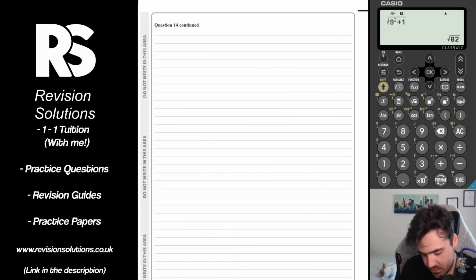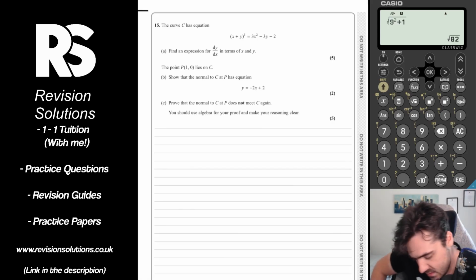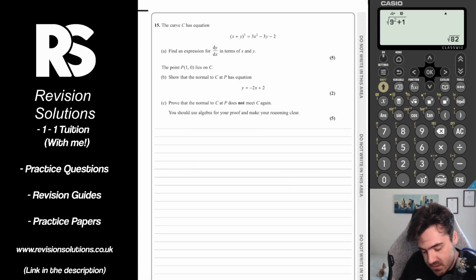Moving on to the last question, it says the curve C has equation (x plus y) all cubed equals 3x squared minus 3y minus 2. Can we find dy by dx in terms of x and y? So that's going to be implicit differentiation. First off, we'll need the chain rule for this.